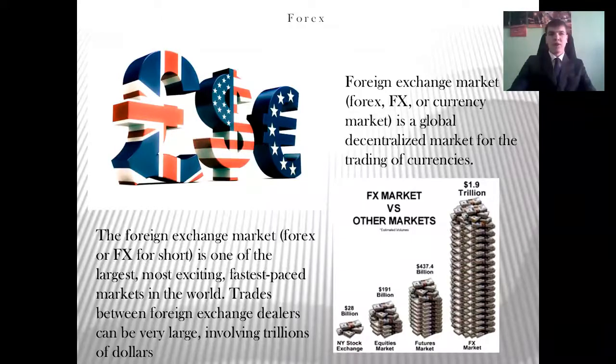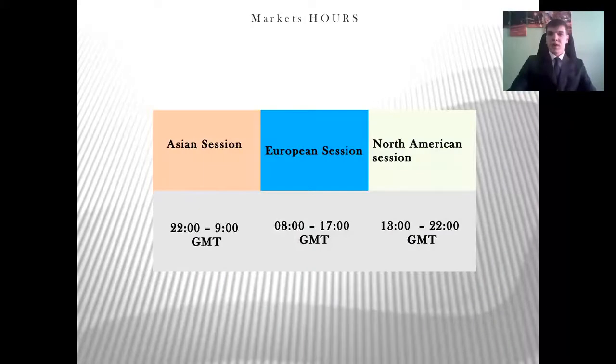Then there is geographical dispersion, which leads to continuous operation. The Forex market, as you can see from the next slide, works 24 hours a day. It starts to trade at 10 p.m. GMT in Sydney, an Asian session comes in, then the European session turns on, and the North American session closes the market when the Asian session starts.